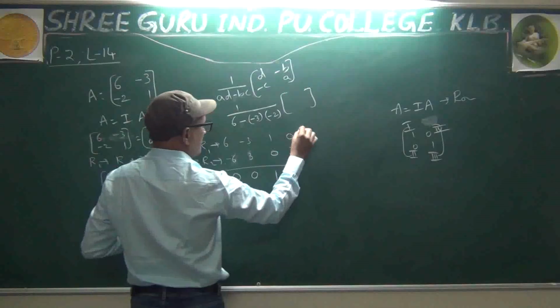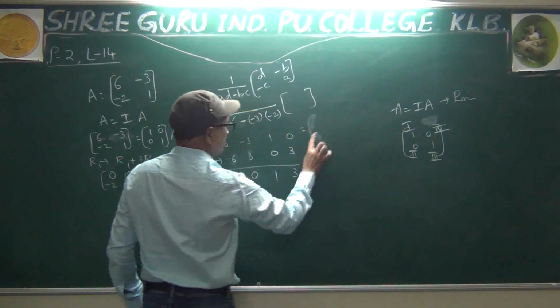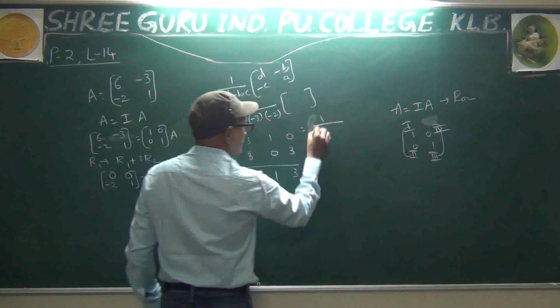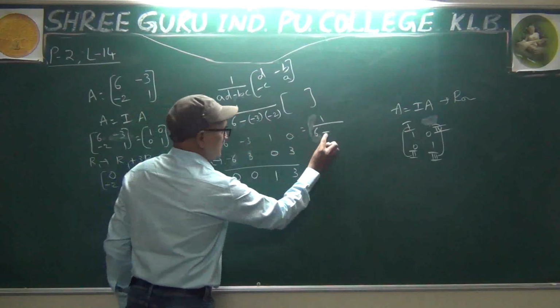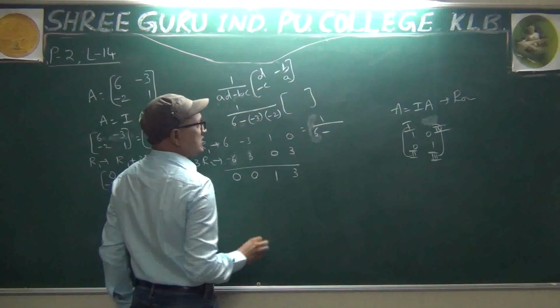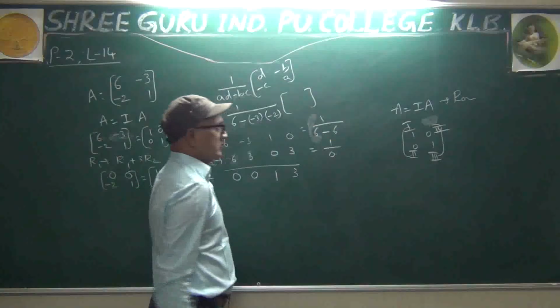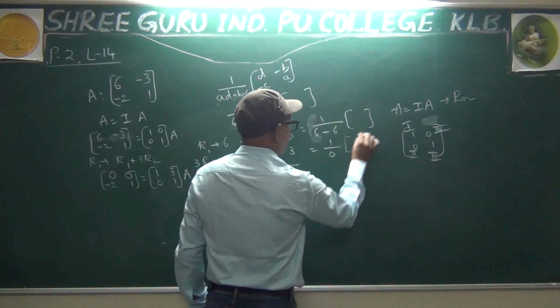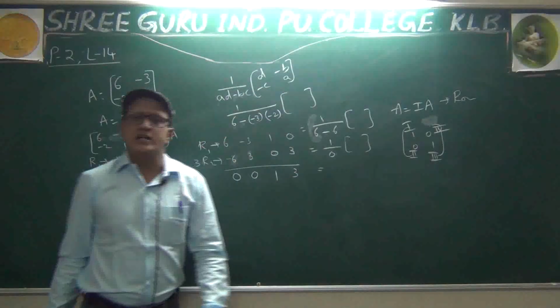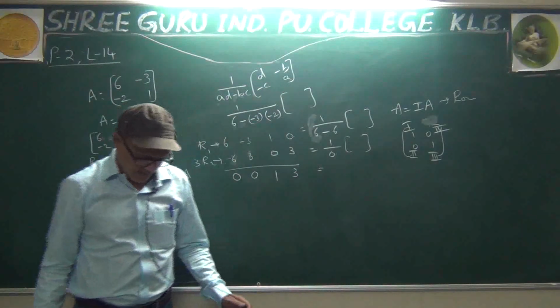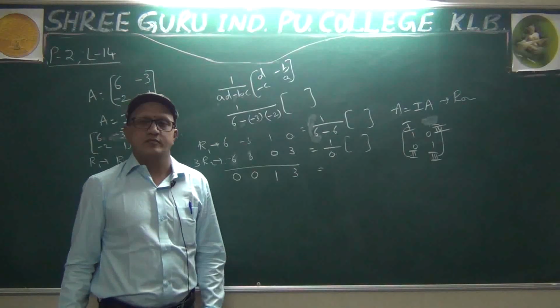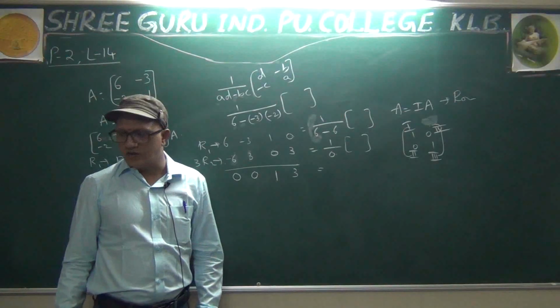So 1 by 6 minus 6, that is 1 by 0, not defined.